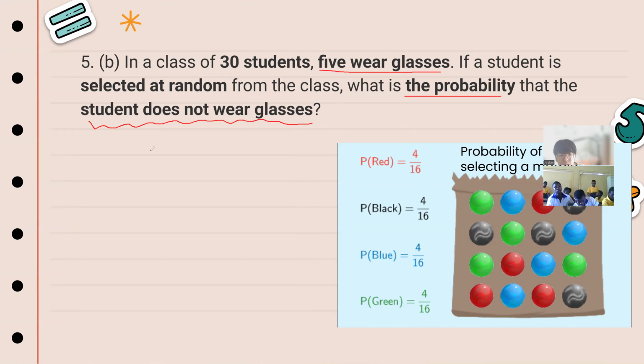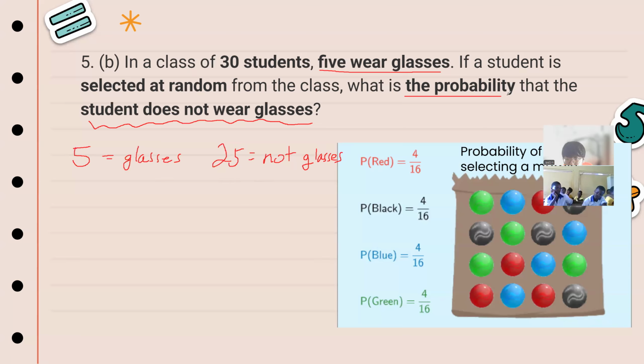So how many students do not wear glasses? If 5 out of 30 wear glasses, then 25 do not wear glasses.